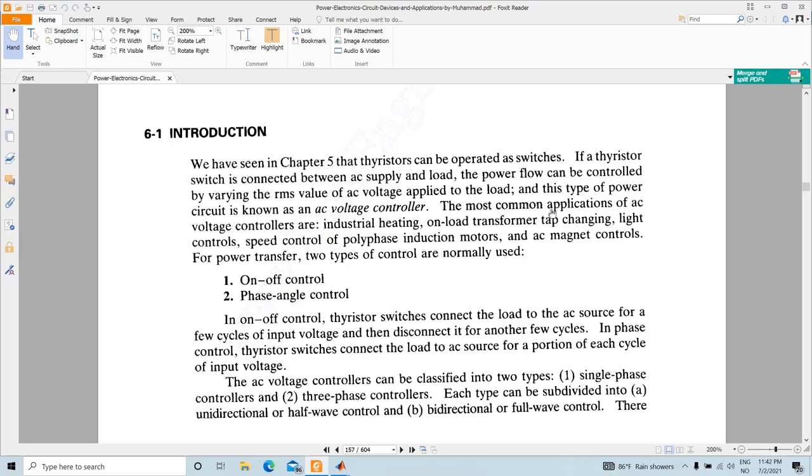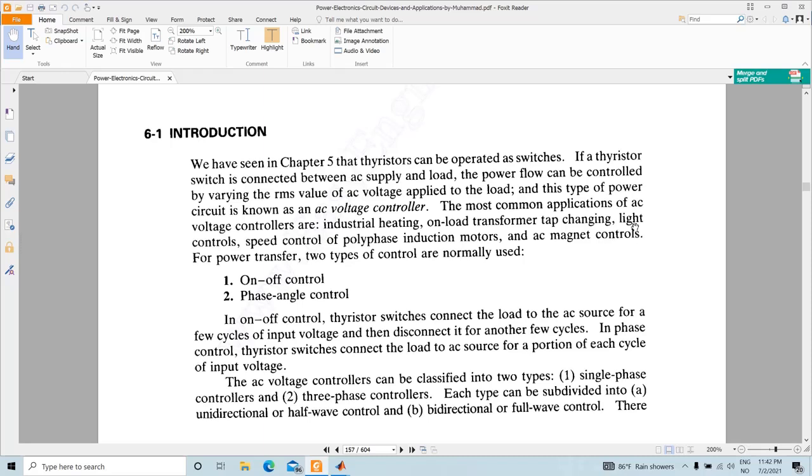The most common applications of voltage controllers are industrial heating, on-load transformer tap changers for controlling the lights, and speed control of motors. We know that the motor speed is related to the equation 120 f / P, where f is the frequency of the source voltage and P is the number of poles.